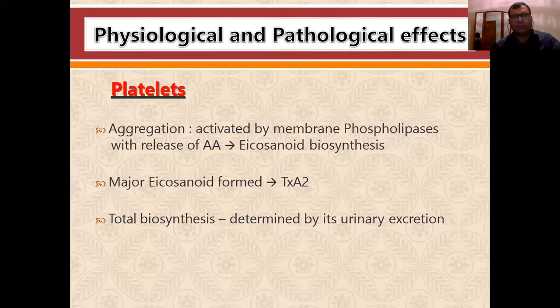Activated by membrane phospholipase with the release of arachidonic acid, eicosanoid biosynthesis. The major eicosanoid formed is thromboxane A2, and total biosynthesis is determined by its urinary excretion.